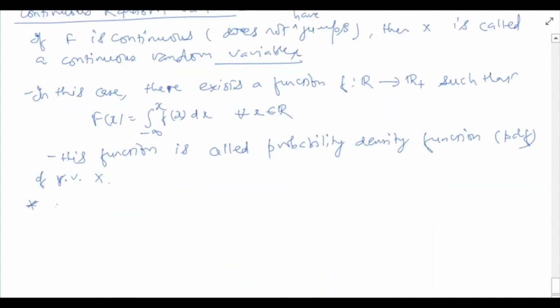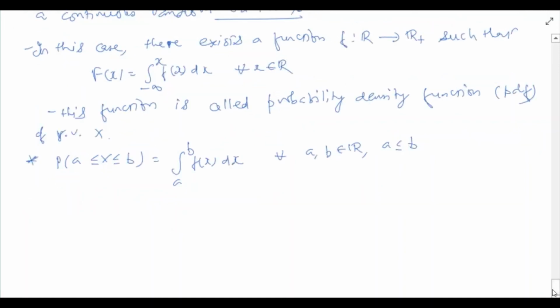Observe that probability of random variable x taking values between a and b in the case of continuous random variable can be written as the integral from a to b of f(x) dx. This holds for all a, b in R such that a is less than or equal to b.